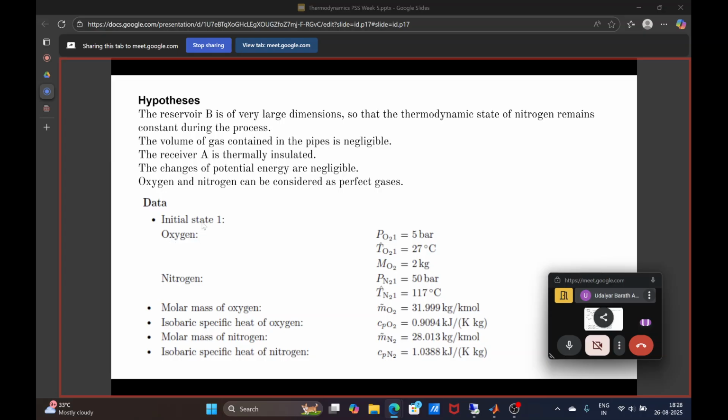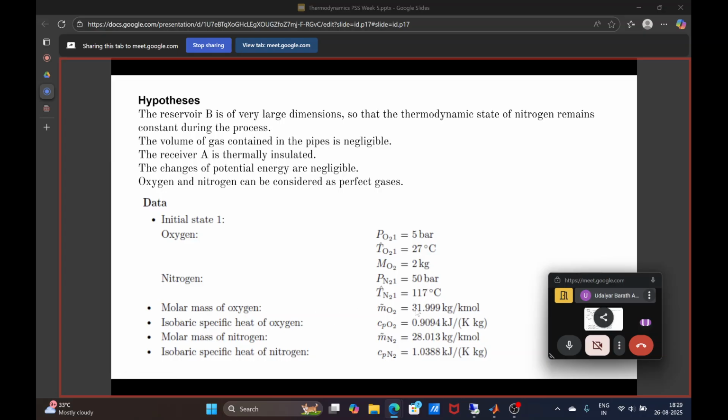So the starters, what we know is, initially the oxygen, what is given is the pressure is at 5 bar, your temperature is at 27 degrees Celsius. The mass of oxygen inside the tank initially is 2 kg, and the nitrogen pressure is 50 bar. So if you see the difference in pressure, the nitrogen reservoir is at 50 bar, and so it flows inside the oxygen tank, and the nitrogen temperature is 117 degrees Celsius.